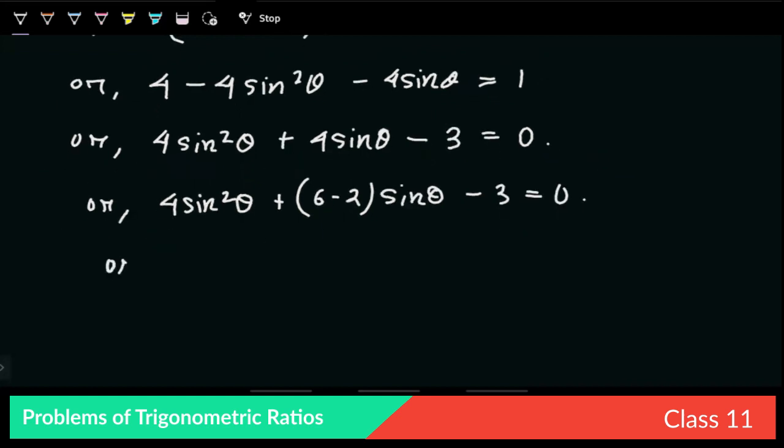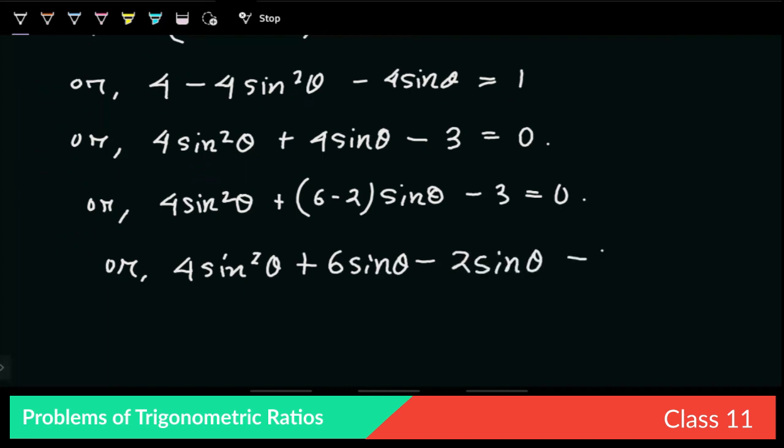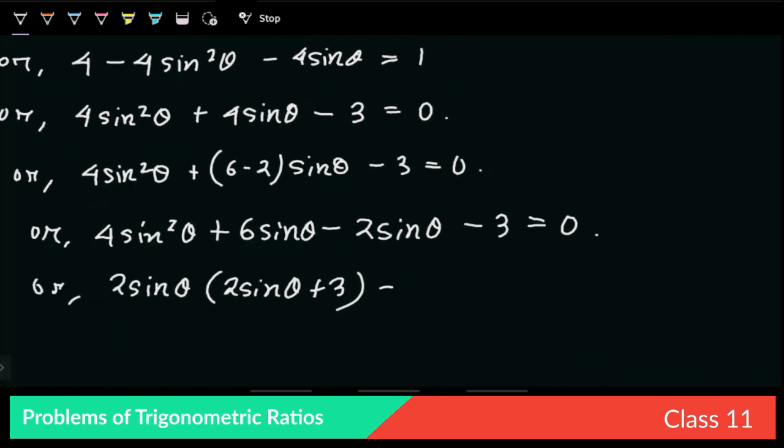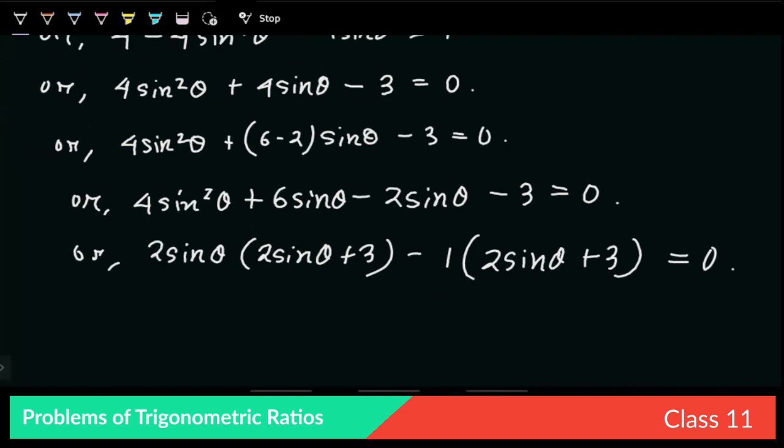Here we can write it as 4 sine square theta plus 6 sine theta minus 2 sine theta minus 3 equals 0. Now if we take 2 sine theta common, we are left with 2 sine theta plus 3. Here if I take 1 as common, we are left with 2 sine theta plus 3.